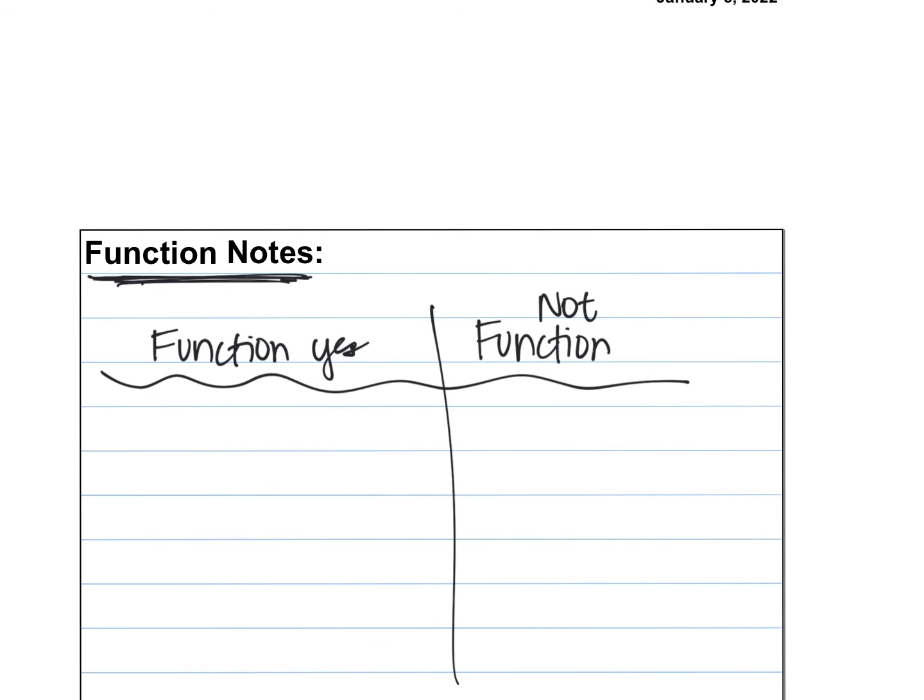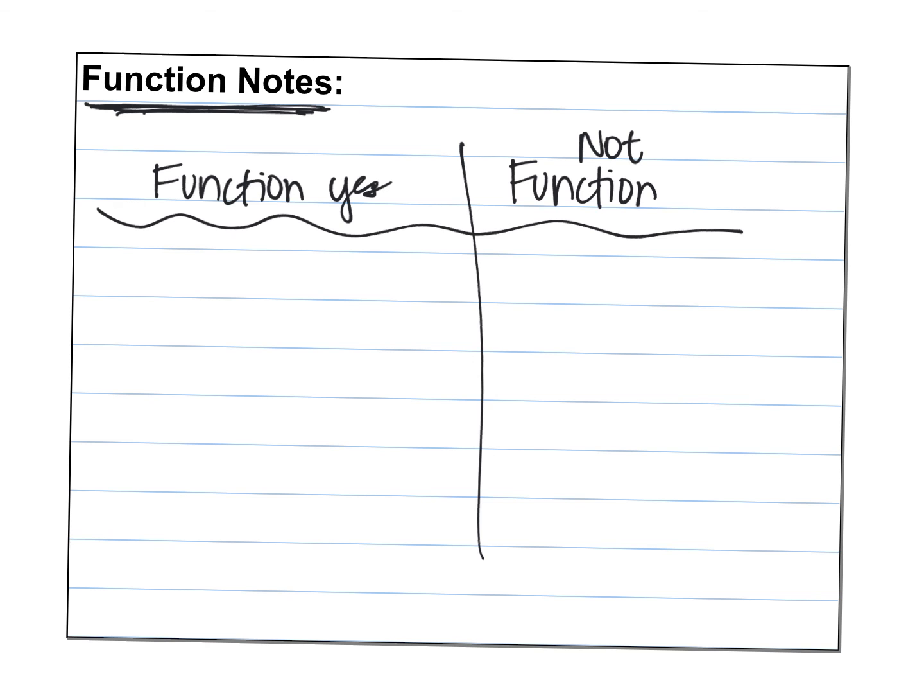Let's draw some examples of graphs that are functions. A normal old line is a function, so that would be an example of a function. You could draw some other ones, something like this. And then you could even prove it using the vertical line test. You could draw a vertical line showing it crosses once.